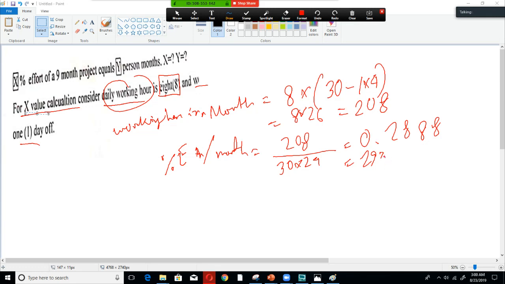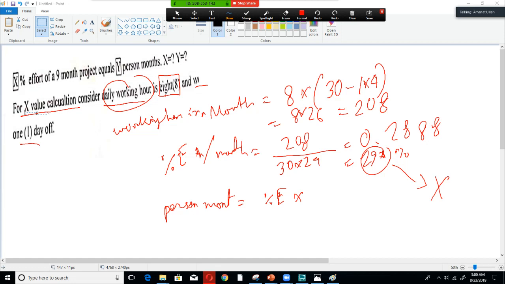Okay, so what is the person-month? y is the person-month, x is the percent effort. So the value of x is 29, and we have to find the value of y. To find the person-month, we have to multiply the percent effort by the number of months that he worked.